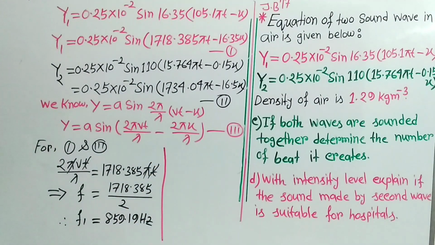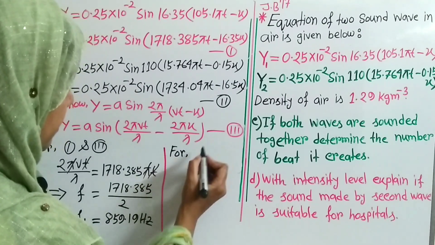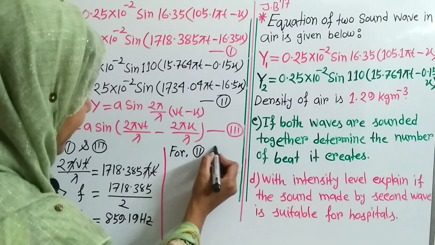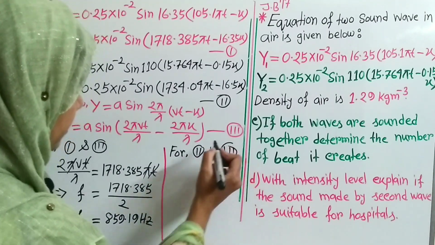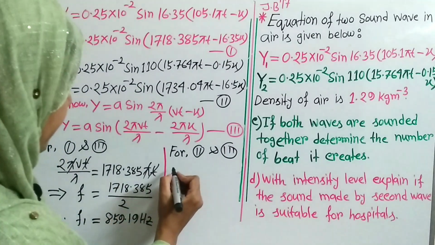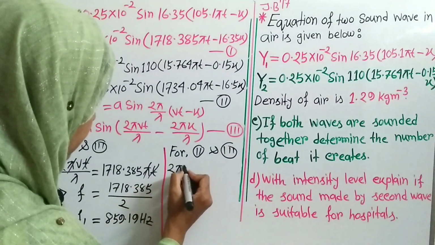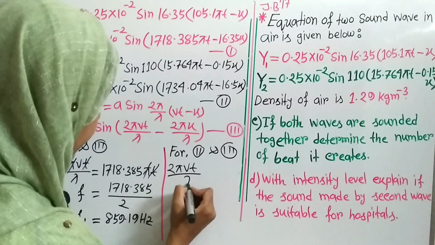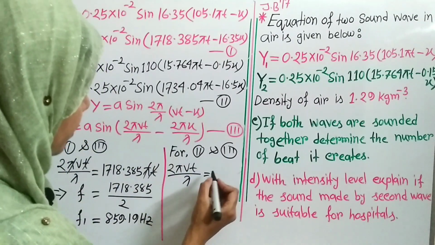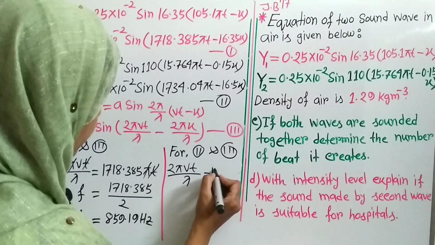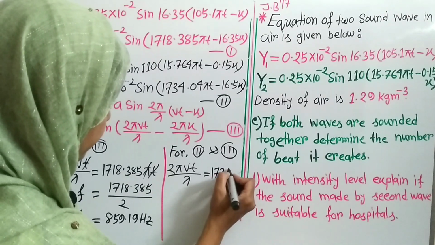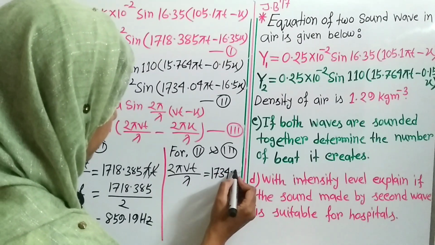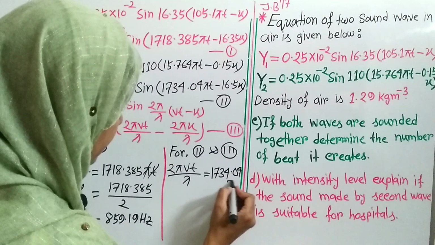Now I am doing the same thing with equation 3 and 2. So we can write that 2 pi Vt by lambda is equal to 1734.04 pi t.